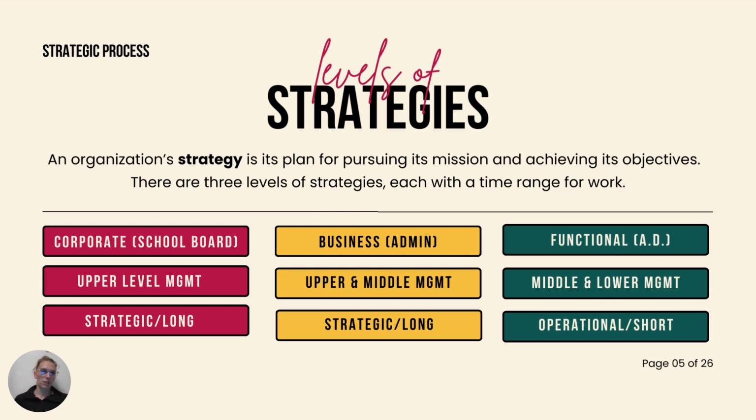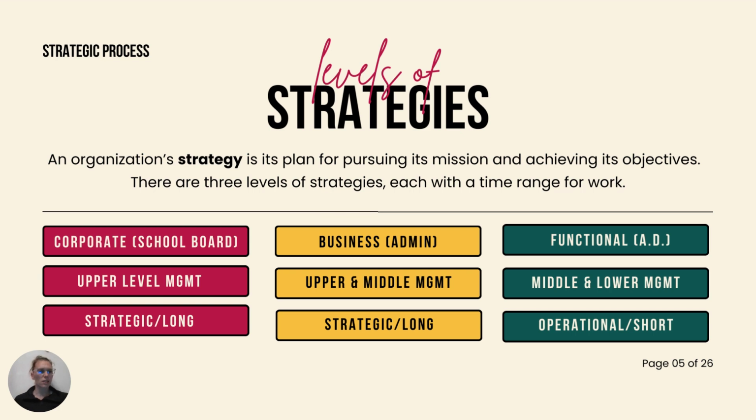Levels of strategies. Okay, so an organization's strategy is its plan for pursuing its mission, achieving its objectives. There are 3 levels of strategies, each with a time range for work. So in red, you see corporate. That's what the textbook said. It said corporate, this is upper level management.